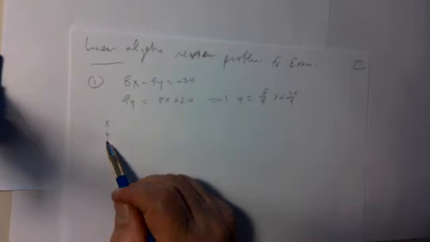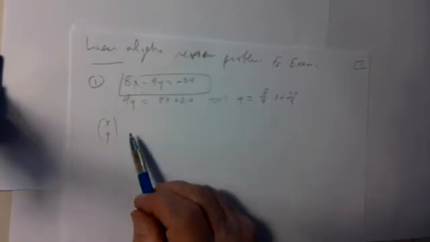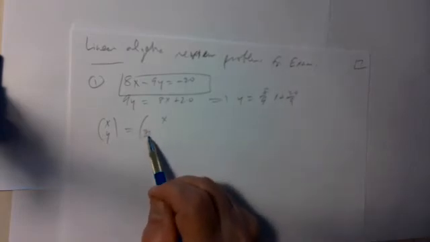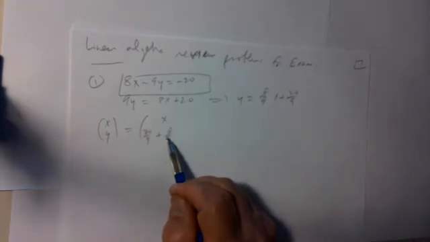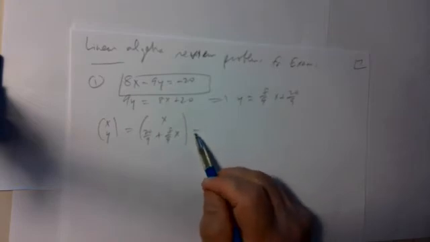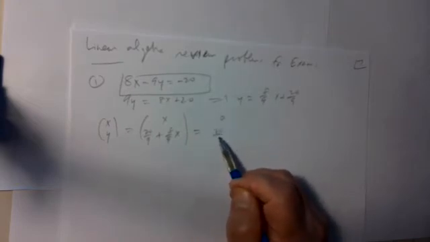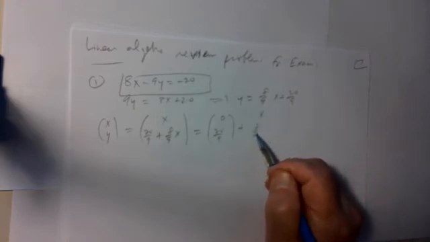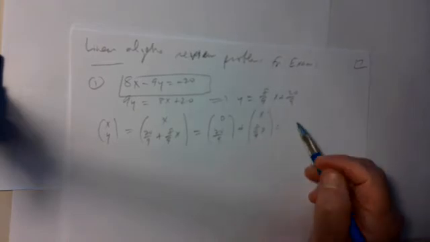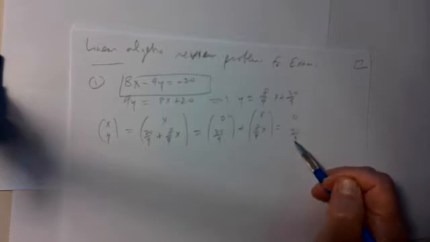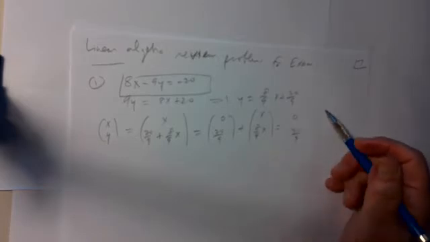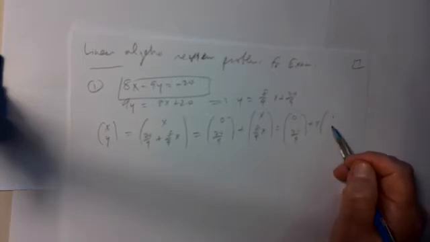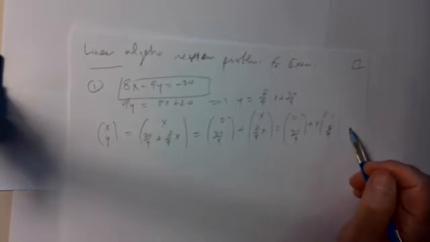So if the vector xy is the solution of this equation, then y is equal to 20 over 9 plus 8/9 x, which is the vector 0, 20 over 9, plus the vector x, 8/9 x, which is 0, 20 over 9, plus x times the vector 1, 8/9.